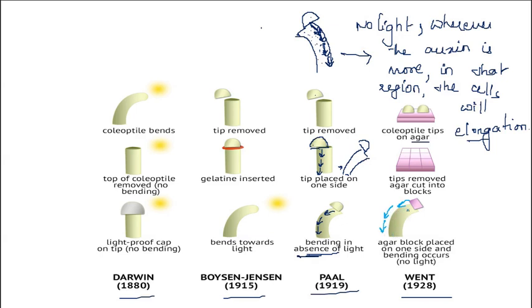So they have taken some illuminated coleoptiles. Illuminated coleoptiles means auxin has started synthesizing there. Then they cut their tips. I will draw it on a white page.